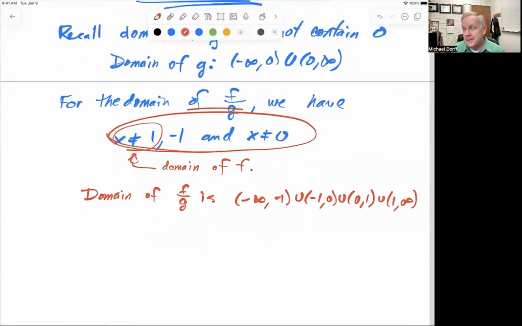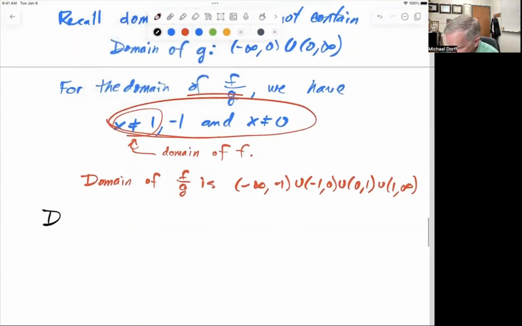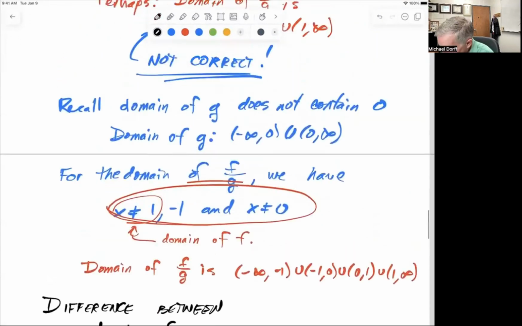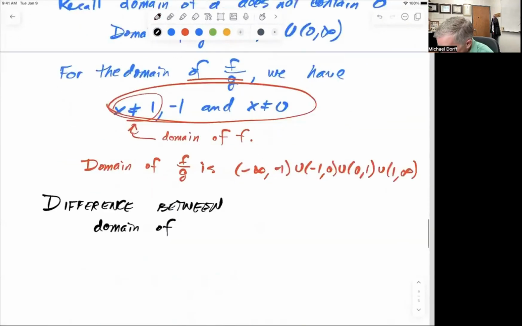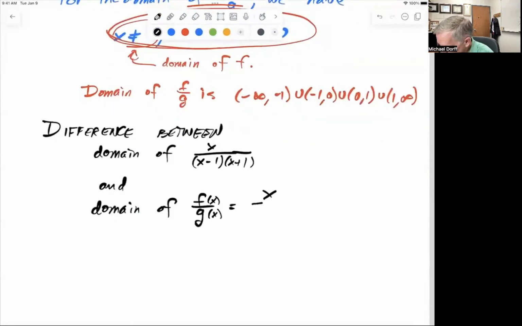All right, just to make sure that everyone's clear on this, there's a difference between the domain of what we had for f, which was x over x minus 1 times x plus 1, and the domain of f over g of x equaling x over x minus 1, x plus 1.